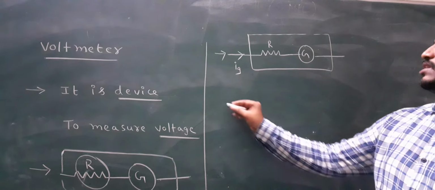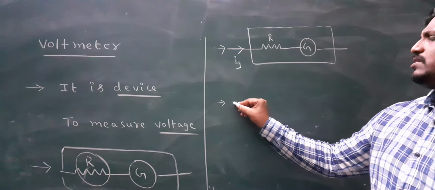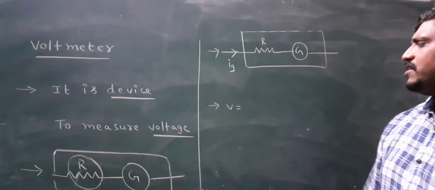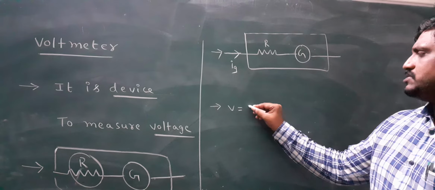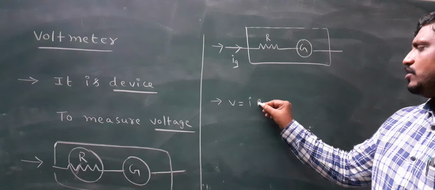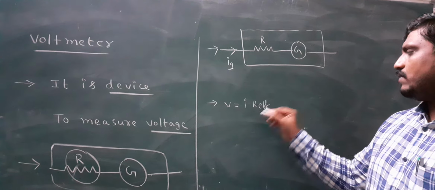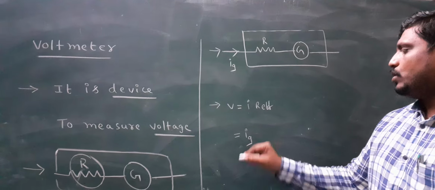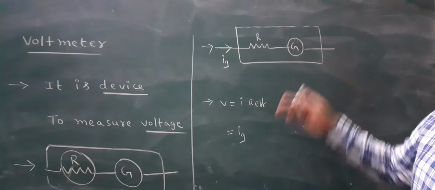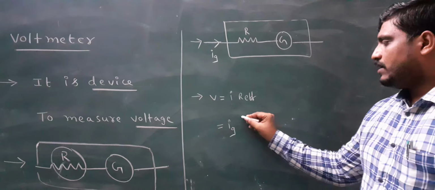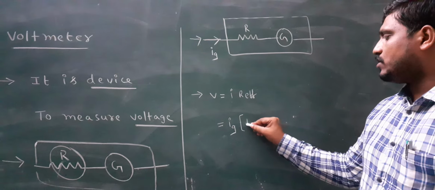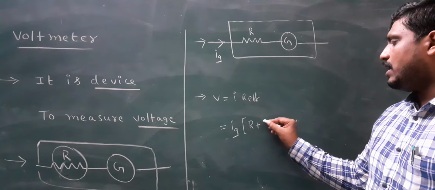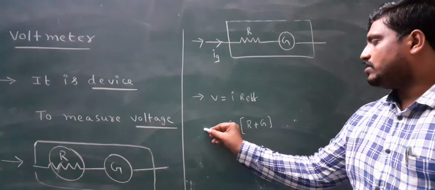What is the use of voltmeter? To measure the voltage. What is Ohm's law? V equal to IR. Here, the current flowing through the circuit is Ig.